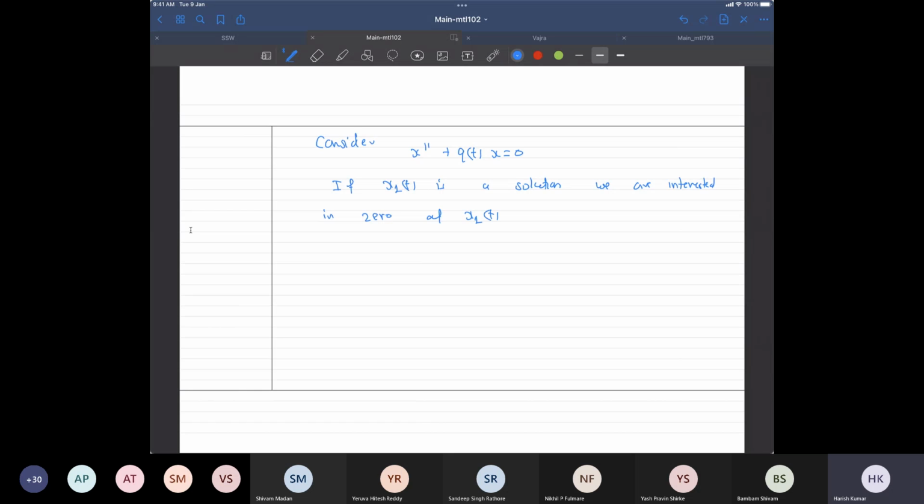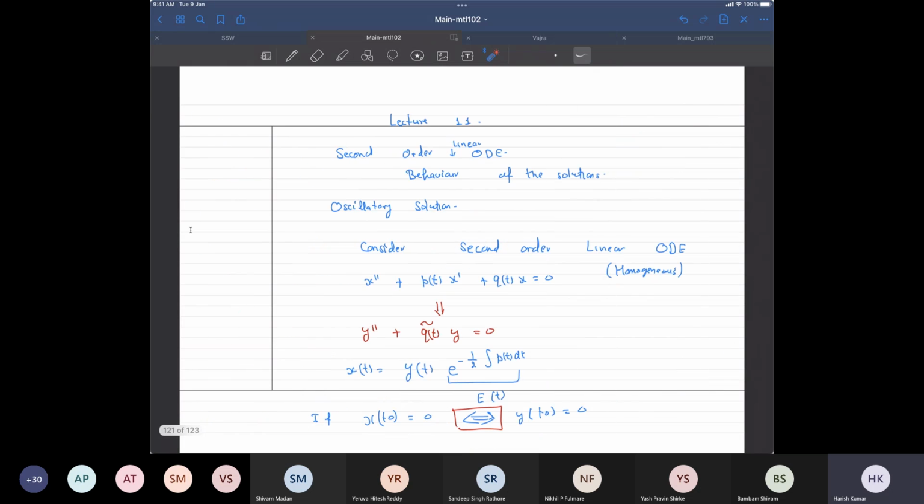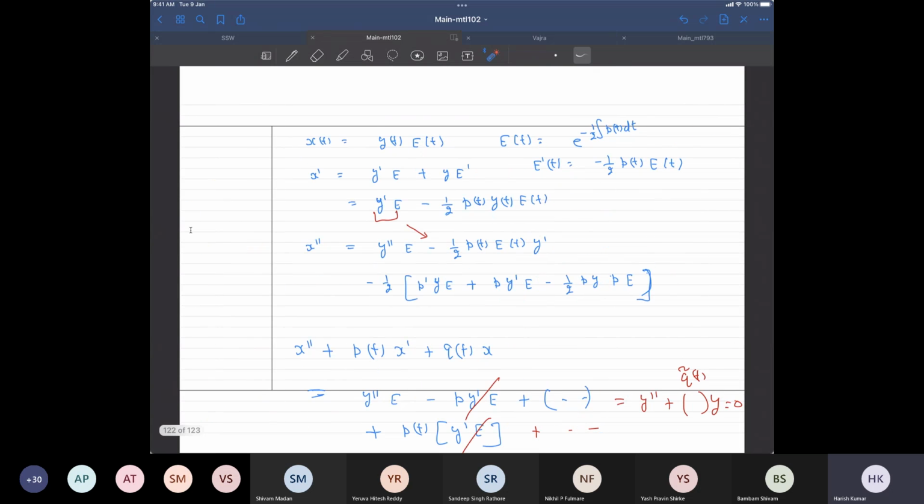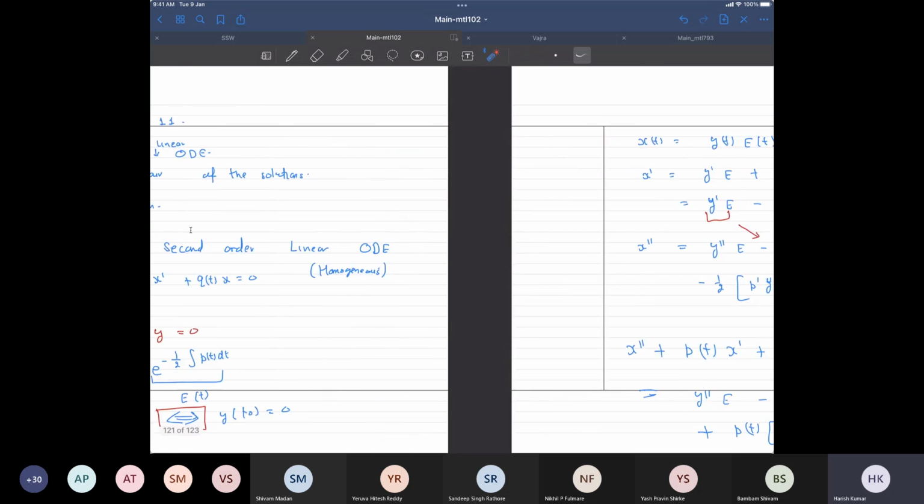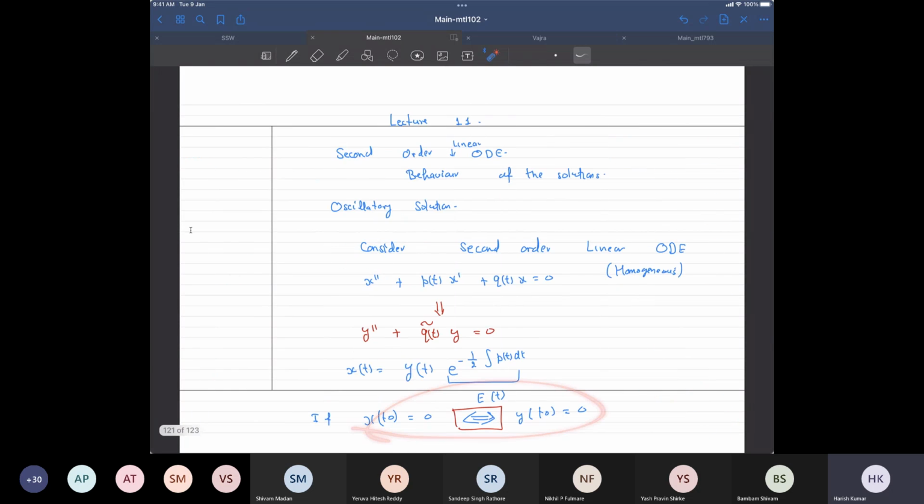Clearly, if I have a general form of ODE, I can convert it into this form and then look for the zeros. Zeros won't change, because I already told you that zeros are not changing. Zeros of this ODE and this ODE are the same. So instead of considering this thing, I'll just consider this thing.